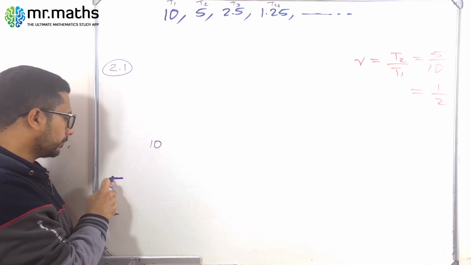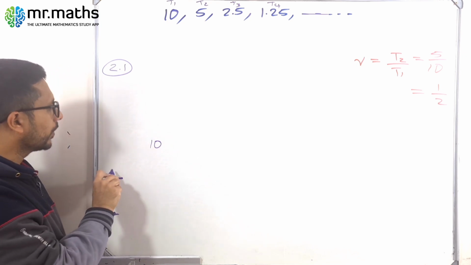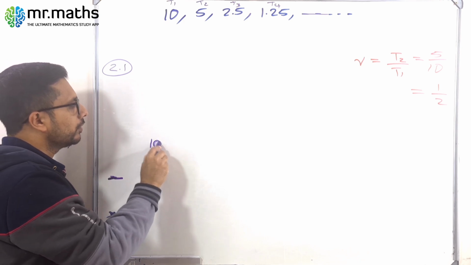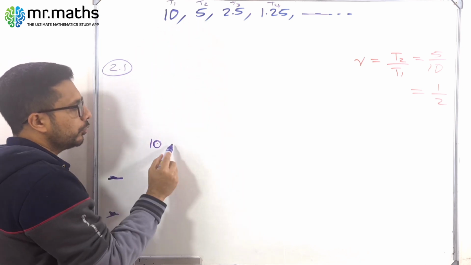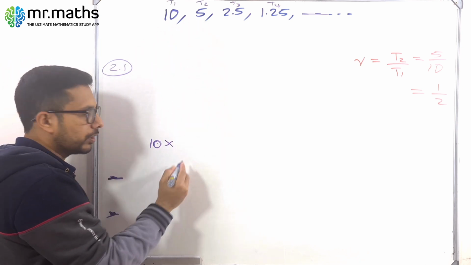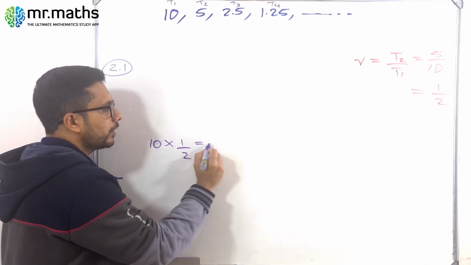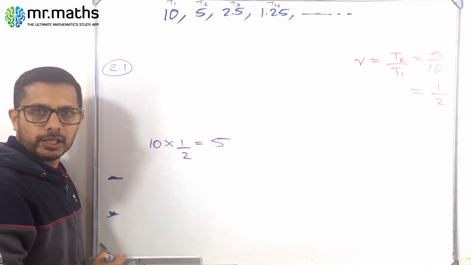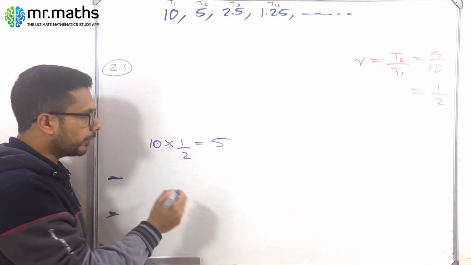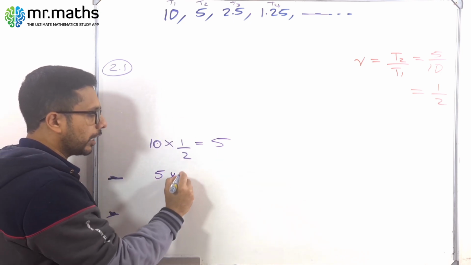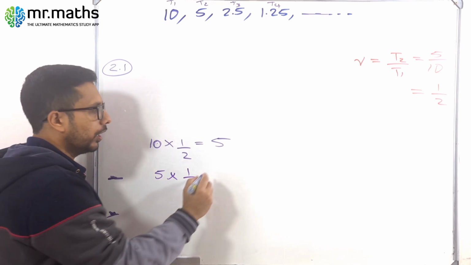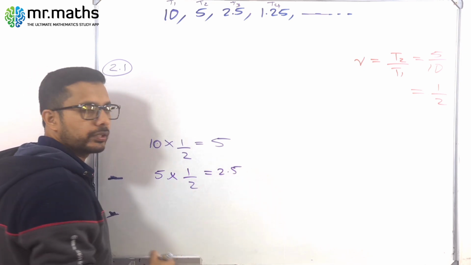First term is 10. Now to find the next term, you just multiply that first term with the common ratio. Here the common ratio is 1 over 2, and that is how you are getting the second term. To find the third term, 5 times again the common ratio, and that is how you are getting the third term.